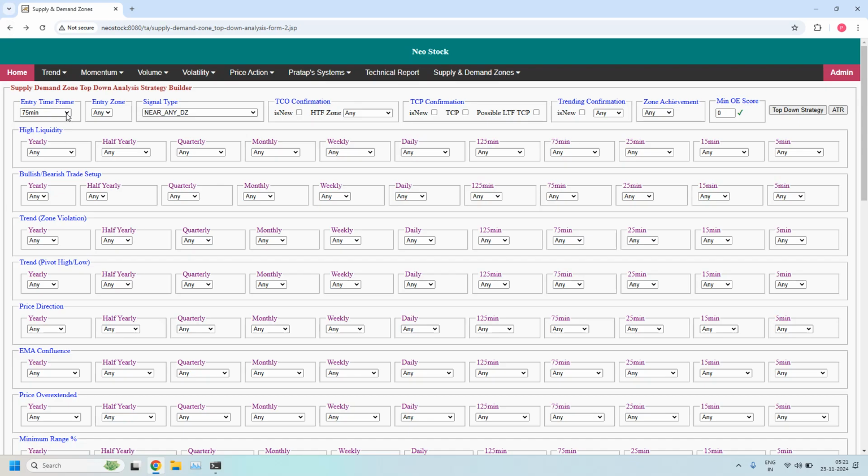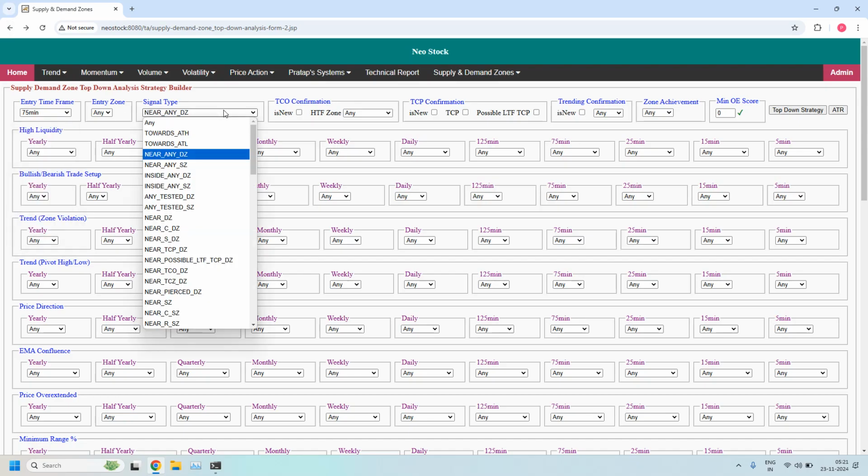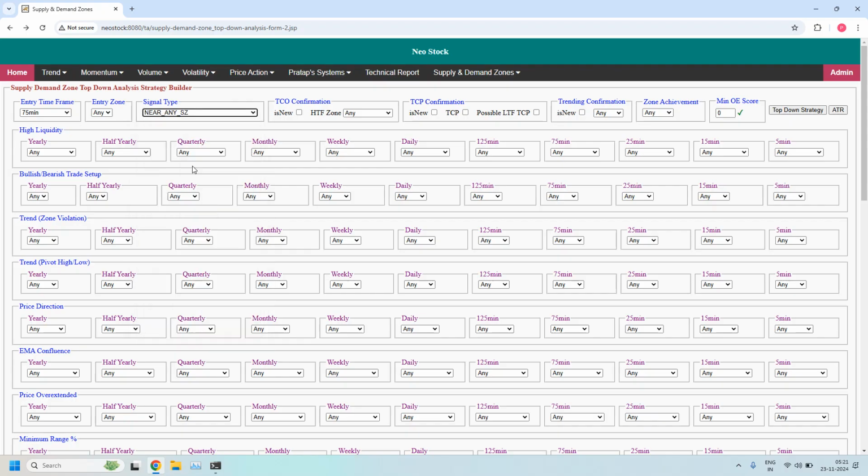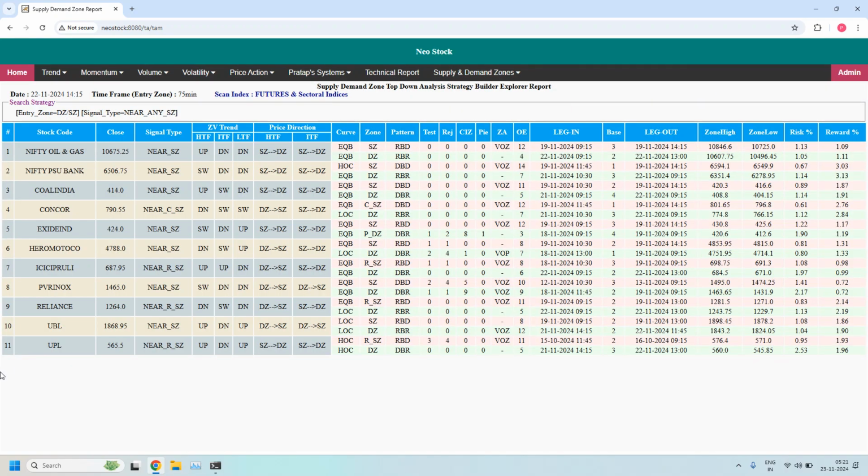Okay, next for 75 minutes time frame, let's find the stocks where price is near to the 75 minute supply zone. We got 11 stocks. Let's identify high liquidity 75 minute supply zones. Conquer is having a high liquidity 75 minute supply zone.